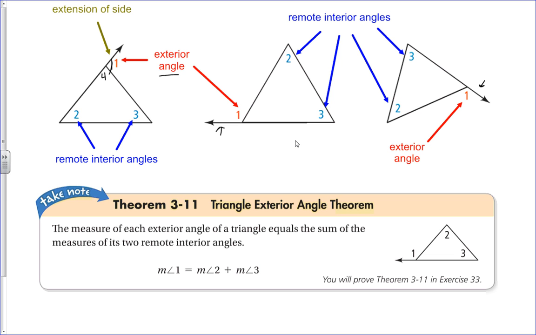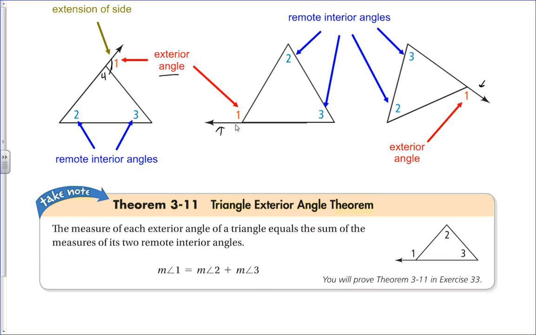All right, which leads us into the triangle exterior angle theorem, which says the measure of each exterior angle of a triangle equals the sum of the measure of its two remote interior angles. So in all of these diagrams, the measure of angle 1 equals the measure of angle 2 plus the measure of angle 3.